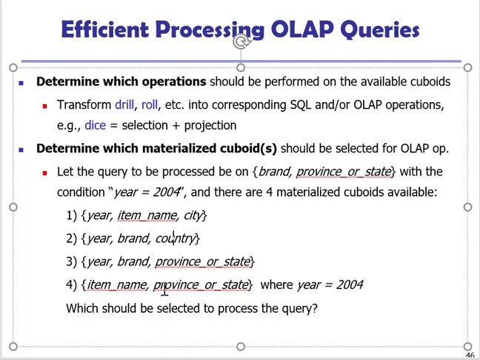But here we need to roll up from item name to brand name. If we have a good index there matching item names to brand names, then number 4 can be the most efficient solution. So the algorithm could just pick number 4 and use this to answer the query.